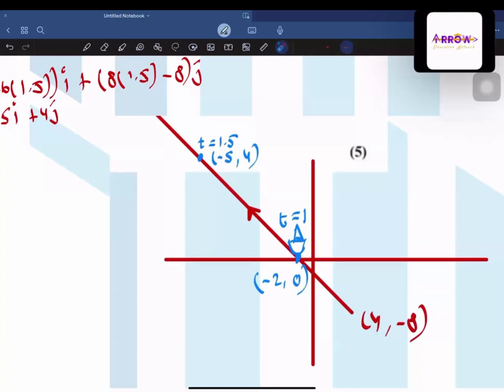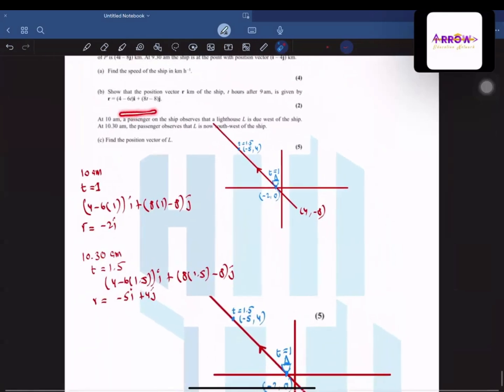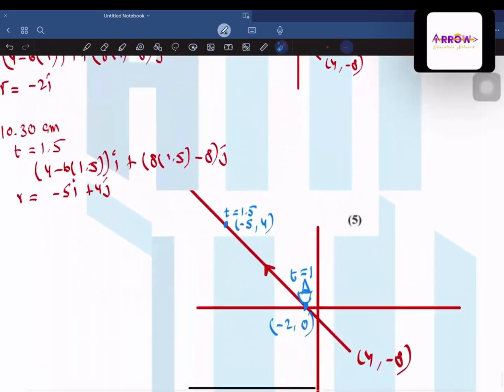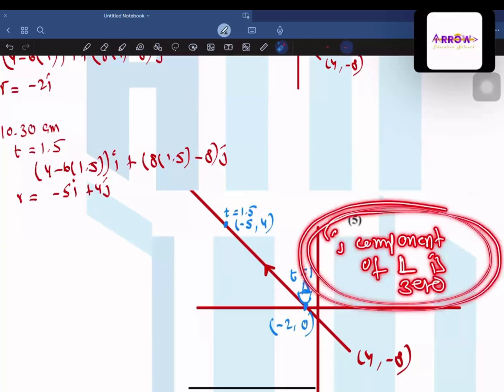From the information that at t equals 1 a passenger on the ship observes that the lighthouse L is due west of the ship, I can establish that the j component of the position vector of the lighthouse is 0. This is an established fact now.